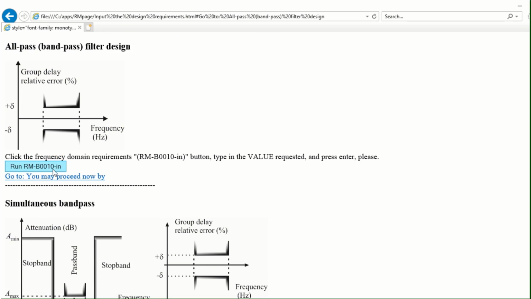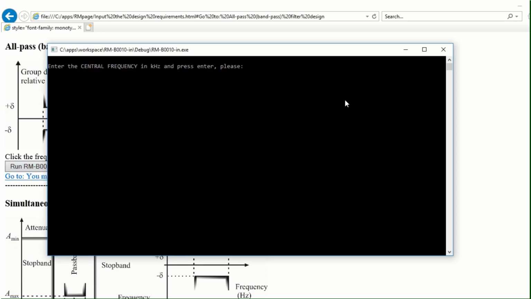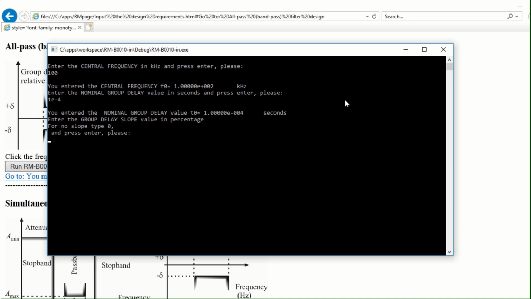We have to supply the design requirements. It will be 100 kilohertz. We will use here 100 microseconds as a nominal group delay.